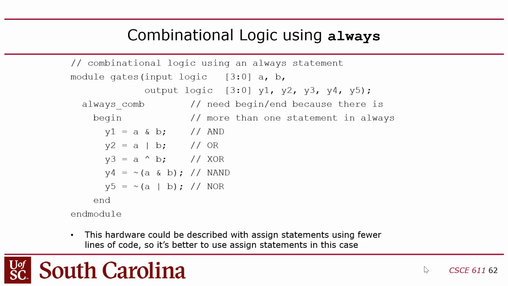Not only is it giant because you have to have one entry per instruction, but in some cases it'll be nested because if it's a branch instruction, you'll go inside one block, and then inside that block you'll check to see if the branch should be taken or not. So it'll be a nested if statement. In the case of your control unit, you'll use a big if-then-else, but that's probably the only time in this class you really need to use an always statement for combinational logic. You can just use an assign for everything else.